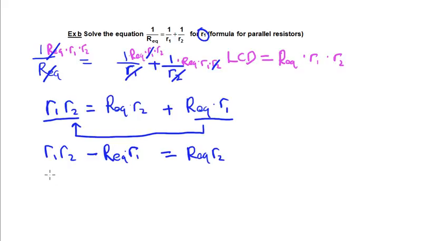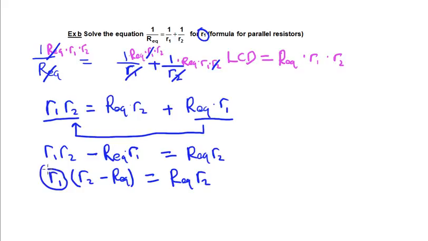Next step is to factor out the R1, so that again is our desired variable, so I pull the R1 to the front, and that leaves me with the terms R2 minus R equivalent, and that's set equal to R equivalent times R2.